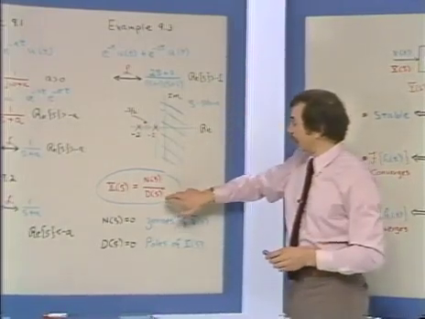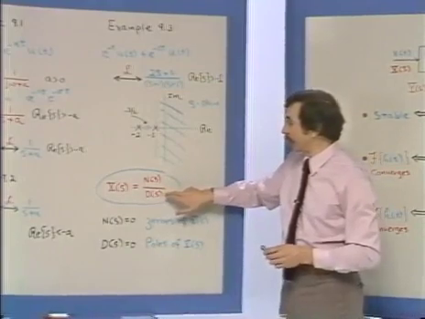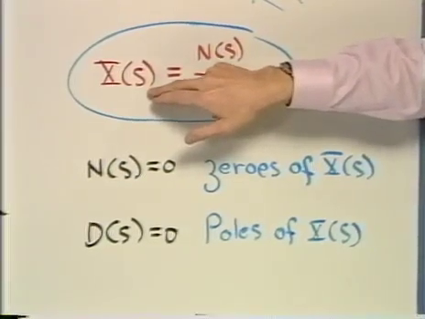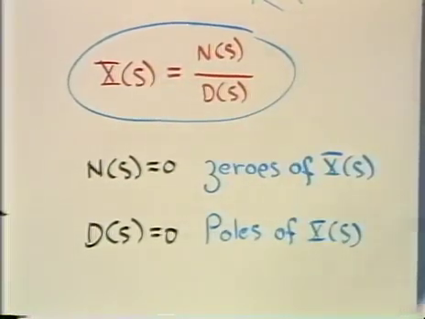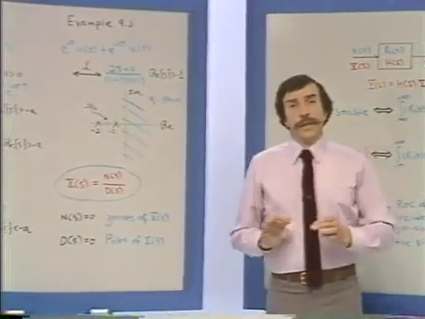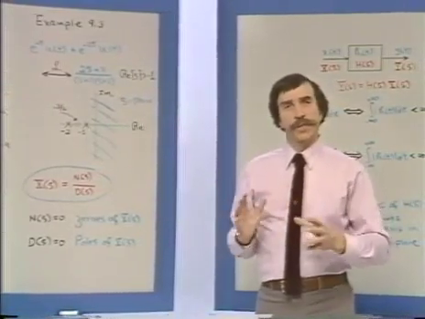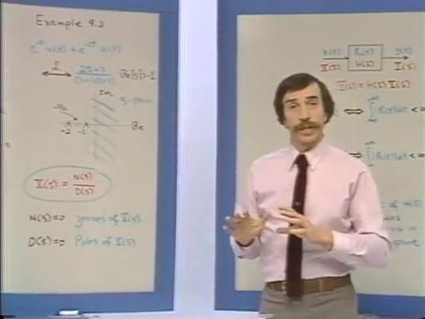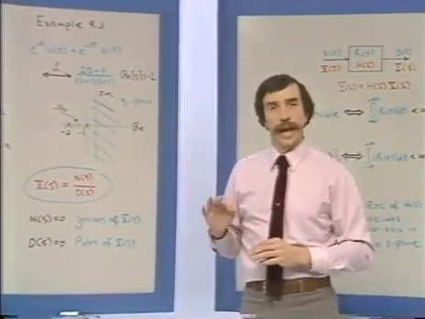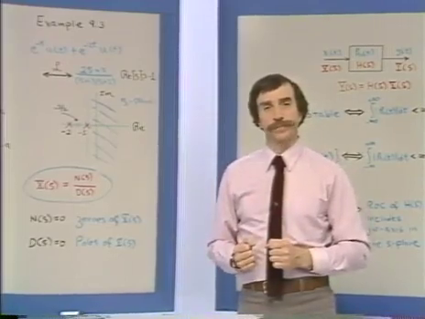If you think of setting s equal to a value where the denominator polynomial goes to 0, of course X(s) becomes infinite. What we would expect is that wherever that happens, there must be some problem with convergence of the Laplace transform, and indeed, the Laplace transform doesn't converge at the poles, namely at the roots of the denominator polynomial.